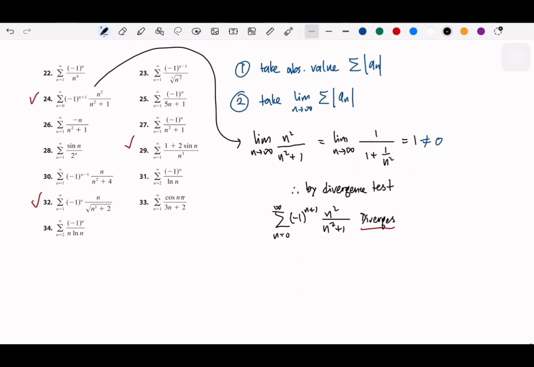Okay, now if we check 29, we have a trigonometric expression, the sine.